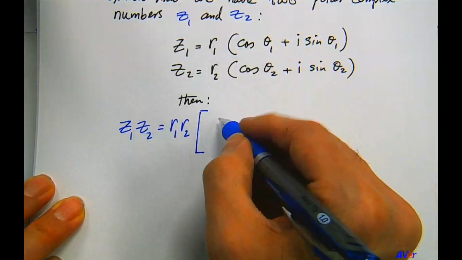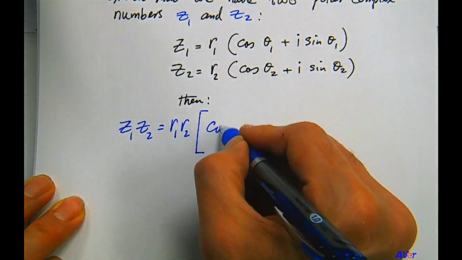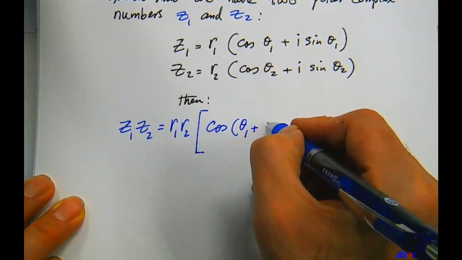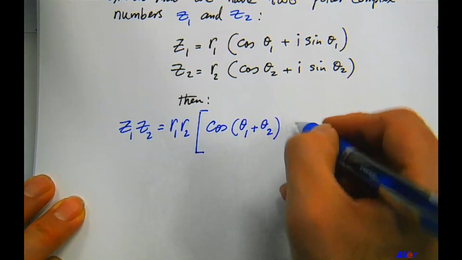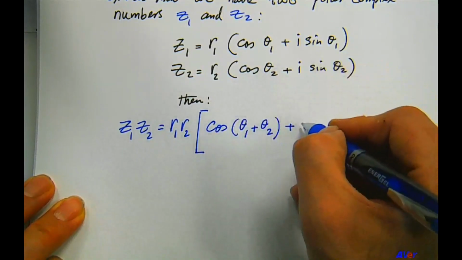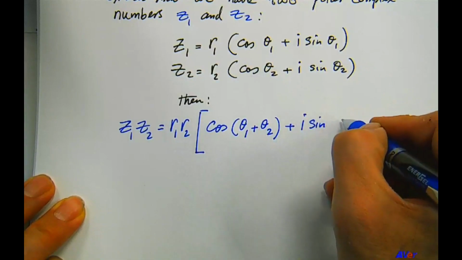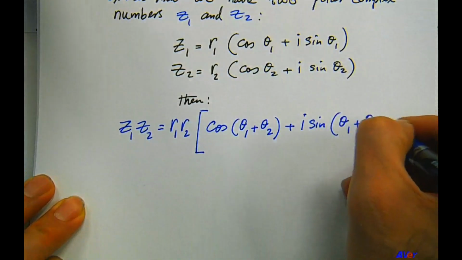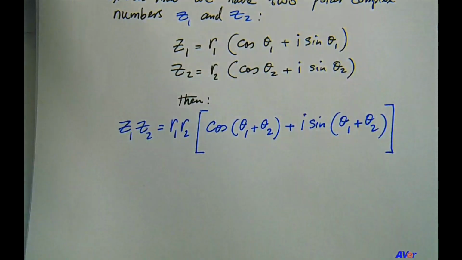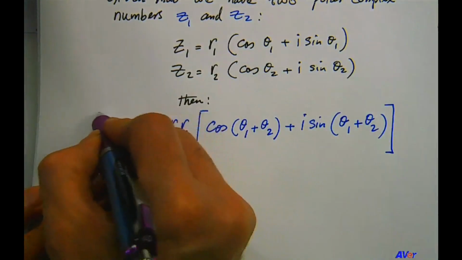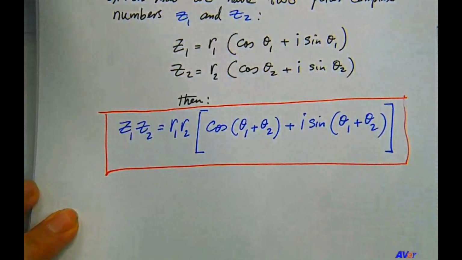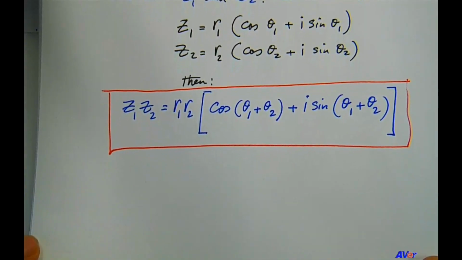Then multiply the result by cosine of theta 1 plus theta 2 plus i sine of theta 1 plus theta 2. Okay, so we have that formula for multiplying two polar complex numbers.